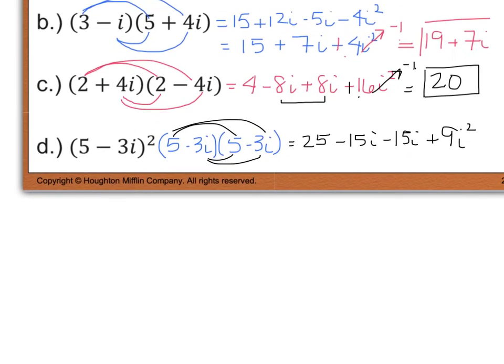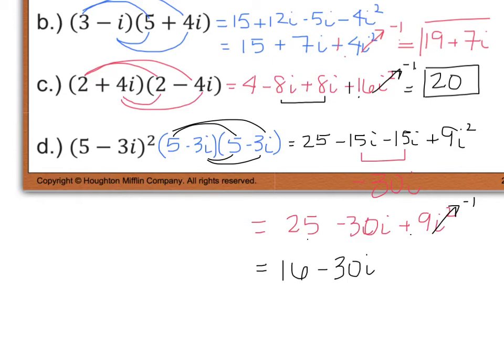And if we simplify that down, our middle terms here are going to simplify down to a negative 30i, and I'll rewrite that here in a second. So that gives us 25 minus 30i plus 9i squared. i squared is going to go to a negative 1. So I really have 25 plus a negative 9, or 25 minus 9, which will give me 16 minus 30i.